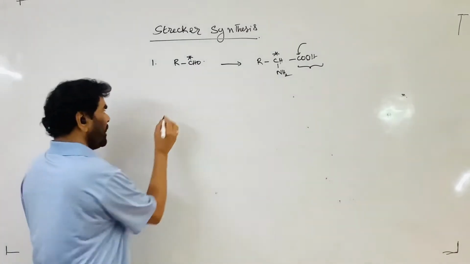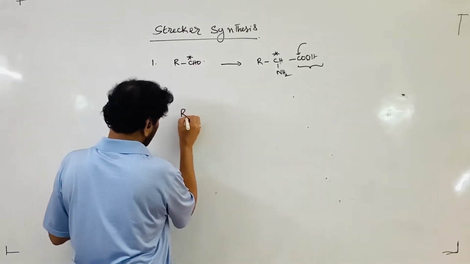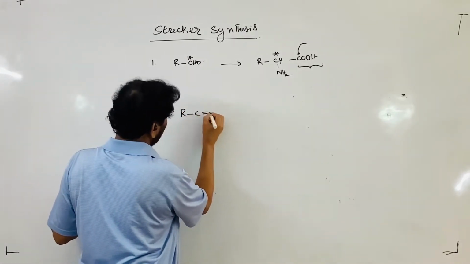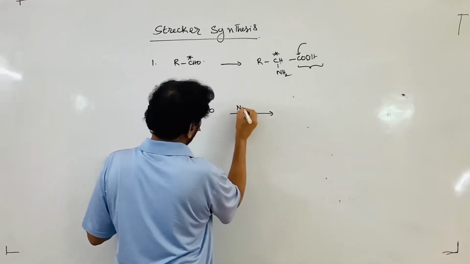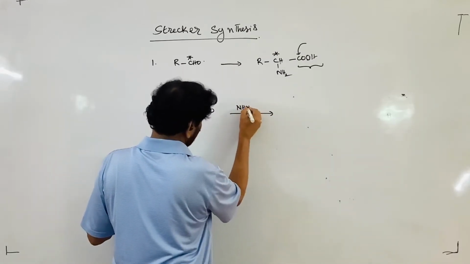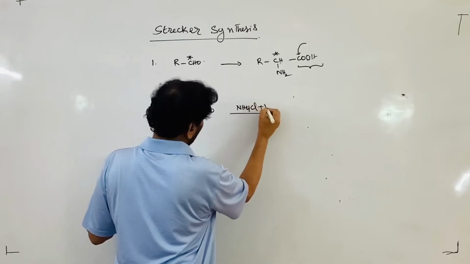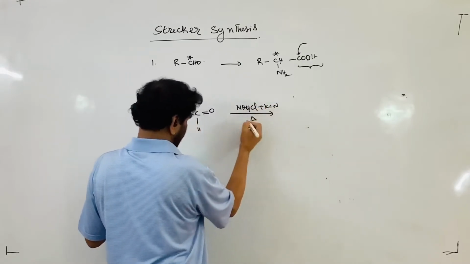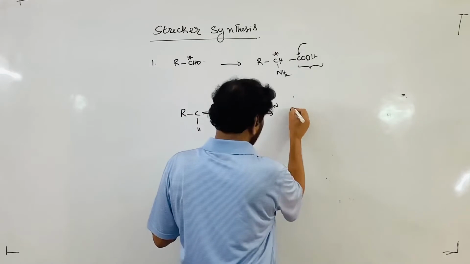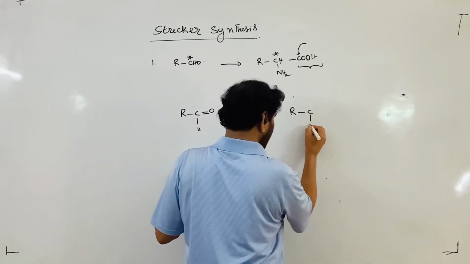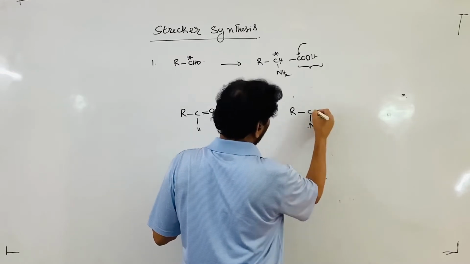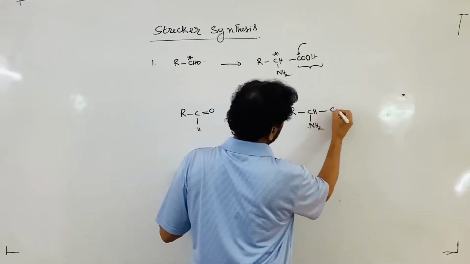See, now the reaction is: RCHO, C double bond O, is treated with ammonium chloride plus potassium cyanide, heat it. You will ultimately get the R-CH(NH2)-CN.